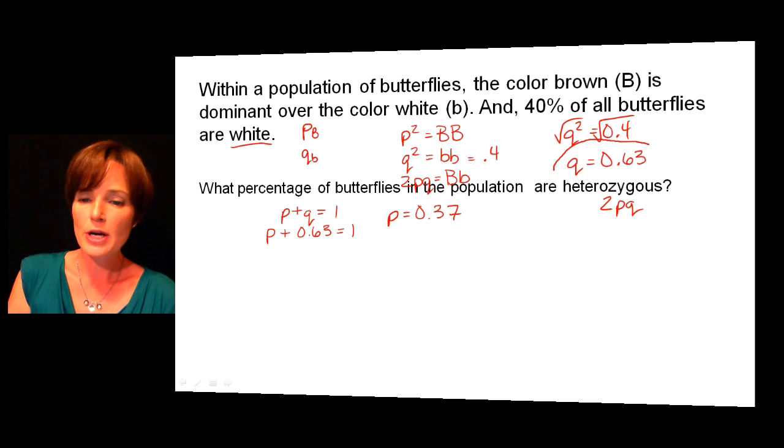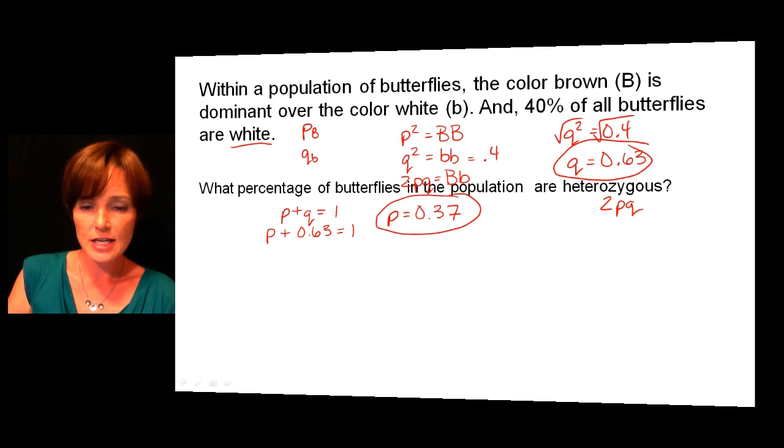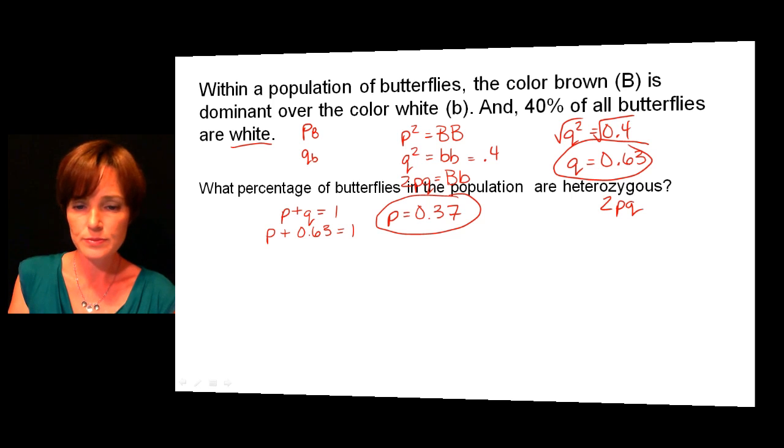So here we know what Q is. Right here we know what P is. And all we have to do is plug them in to get what 2PQ equals. So to figure out the percentage of the population that's heterozygous, we're going to take 2, multiply that by P, which is 0.37, and then multiply that by Q, which is 0.63.